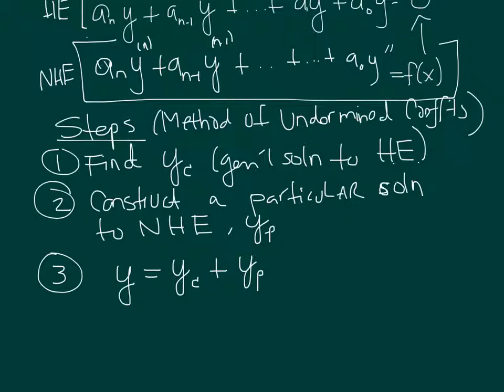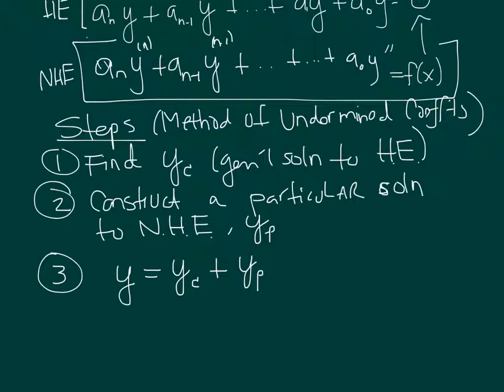But now we can get a more general solution. So this is going to be a particular solution to the non-homogeneous equation. If you look at section 2.3 and some of the homework examples, you'll notice there's no N there. It's just HE.